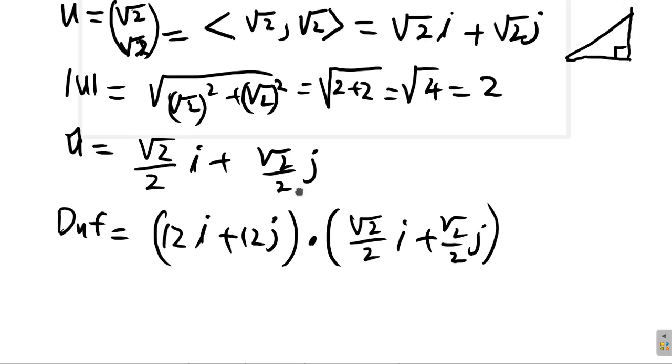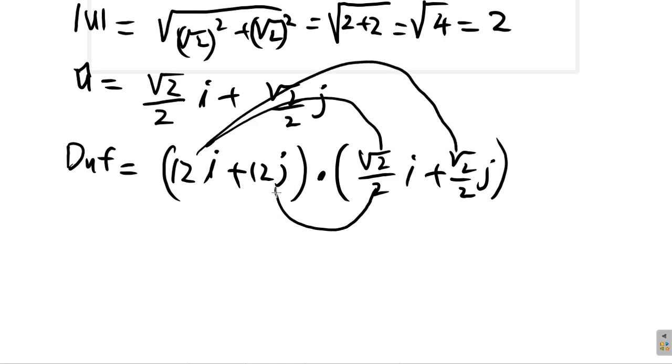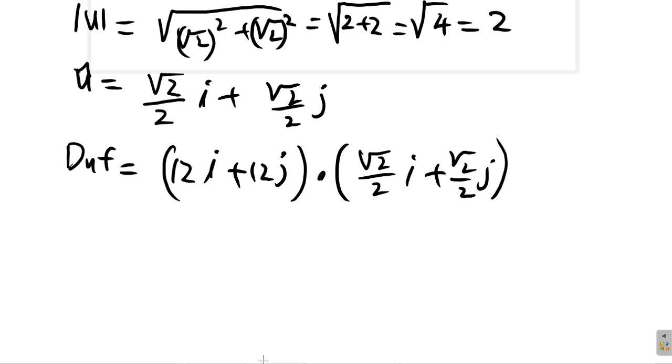Now remember, the dot product, you're multiplying the vectors, but it's direction. You cannot mix up the i and j. Remember, it's not a case where you have this times this plus this times this plus this times this plus this times this, as when you're expanding binomials in brackets. That's not the case. It's i by i plus j by j.